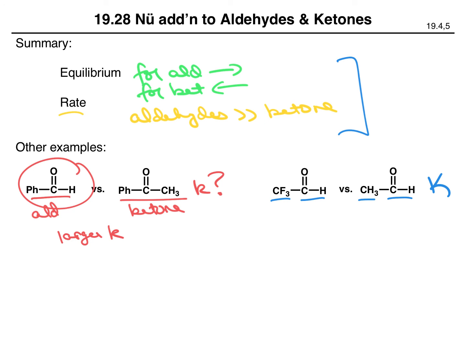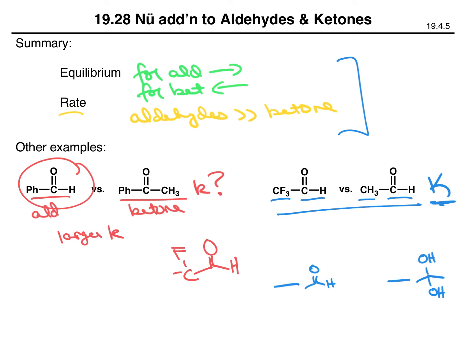Because we're looking at equilibrium constant, we care about our starting material compared to our product. So if this is the energy of acetaldehyde and this is the energy of the acetaldehyde hydrate, well, first of all, let's think about the electronics of the starting material.